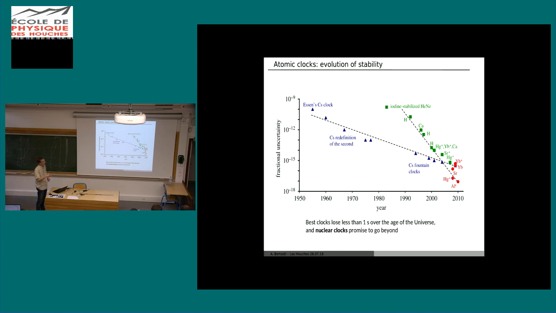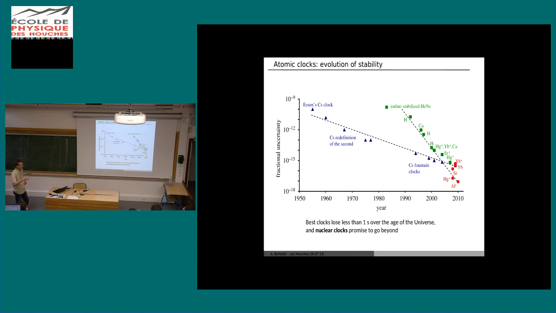At a certain point, optical transitions enter the field, and they quickly catch up, and they are now performing better in absolute terms with respect to the time defined by cesium or microwave clocks. The reason is really simple. You are splitting time with a frequency that is 9.2 gigahertz or hundreds of terahertz, so you have a much finer spacing. Now there are discussions to make the transition from this definition of the second to a definition based on optical clocks.